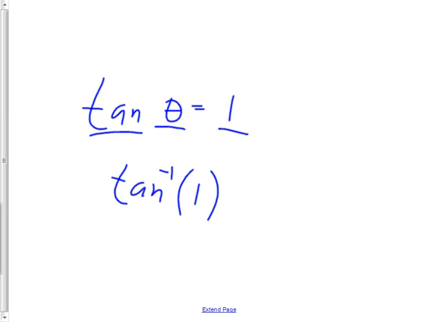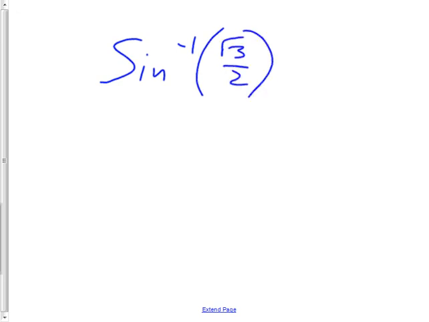Okay, so I want to get you good at rewriting these things. So what if it says sine to the negative 1 of square root of 3 over 2? Normally, that's where the angle goes. That's the point. This is rewritten. So I want you to be able to say, oh, so you mean sine of some angle is root 3 over 2.